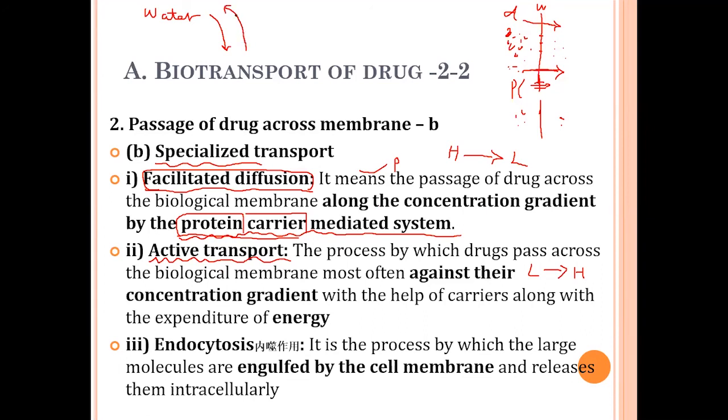You need a pump, so a pump can make it go up. That's the way we need to use energy. Inside the body, we talk about ATP. So that's what we mean by active transport.